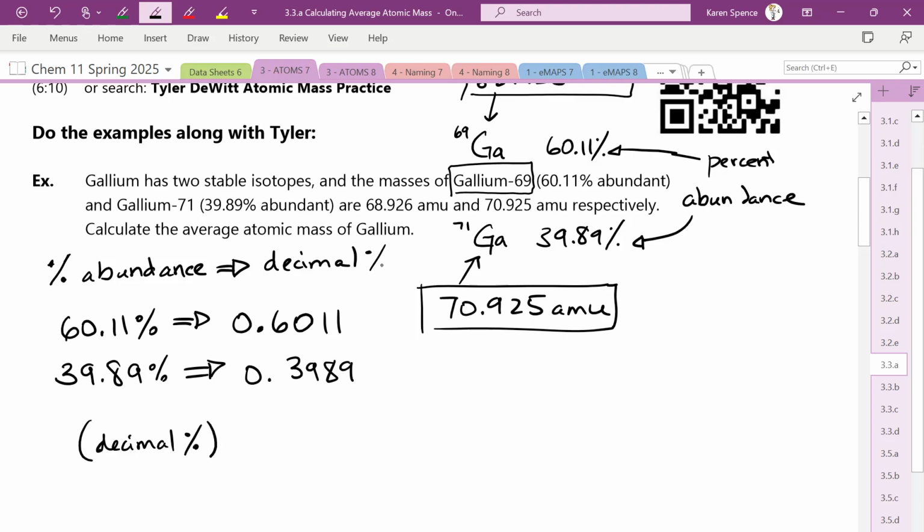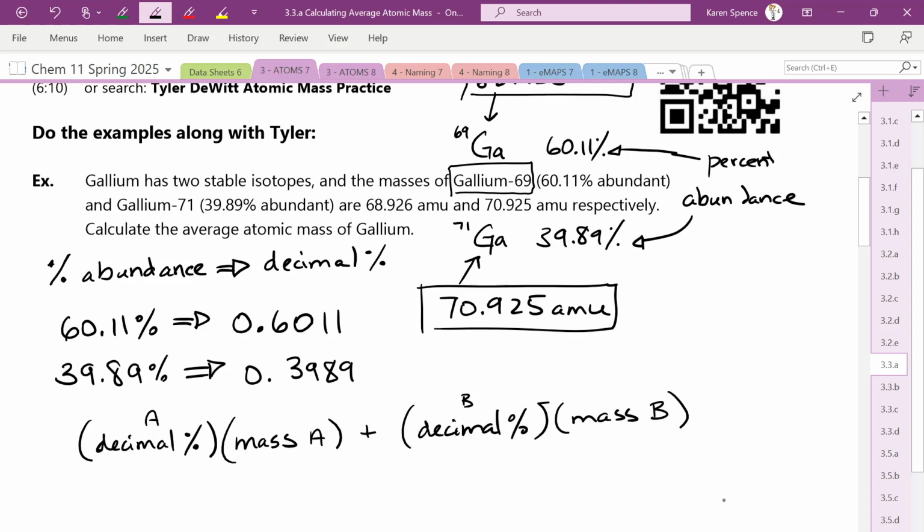We take our decimal percent and we multiply by the mass of the first one. So the decimal percent of A times the mass of A plus the decimal percent of B times the mass of B. And you don't need to show all of this work every time.